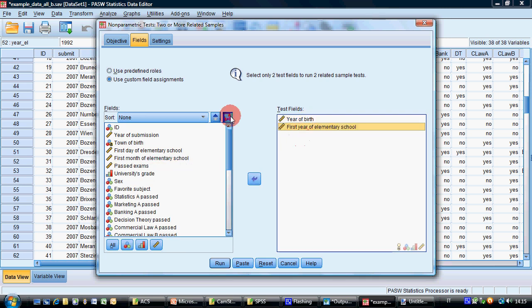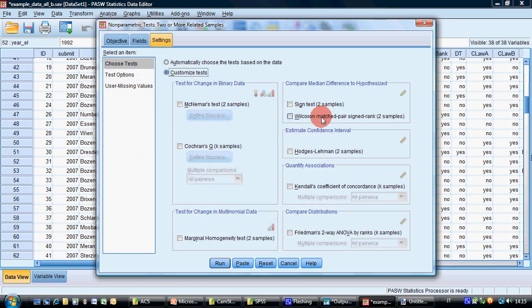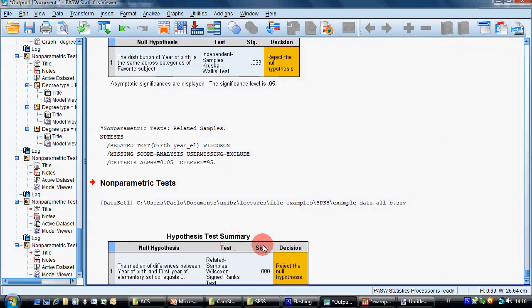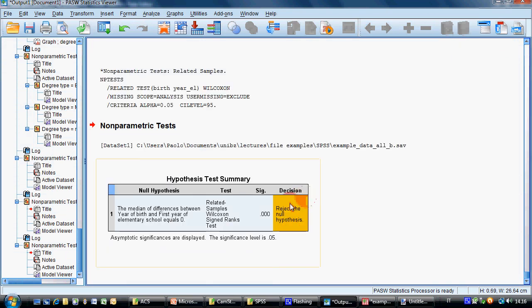Clearly, there must be a shift in the distribution of year of birth and first year of elementary school, because first year of elementary school must be significantly larger for everybody with respect to year of birth. Okay, settings, customized test, Wilcoxon. Please don't leave this one, because if I catch that you're doing all the tests, I will mark it as an error. So decide yourself which test to do. And obviously reject the null hypothesis. There is a significant difference.